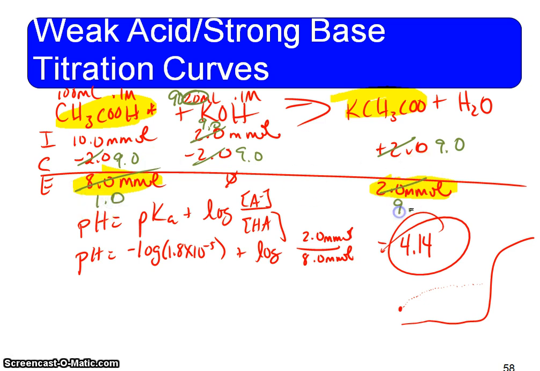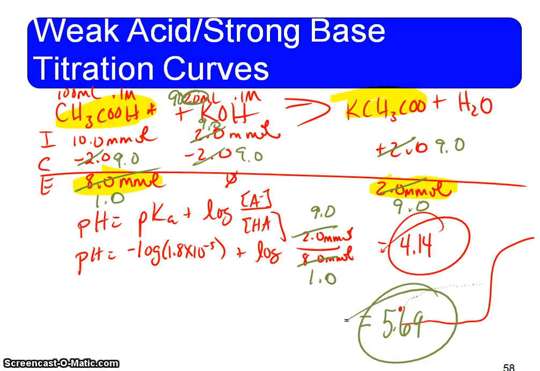This would be 9, and instead of having 2 over 8, I'd have 9 over 1. It's always salt over acid. So 9 over 1, just to compare here, let's see what that gives us. Plus log of that equals 5.69.